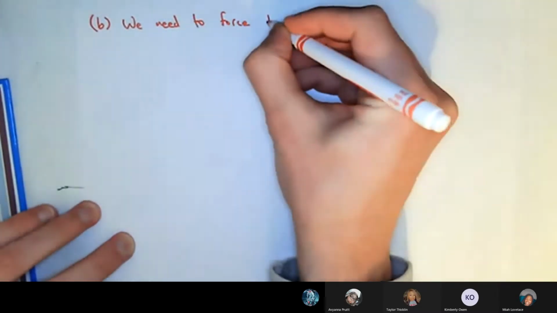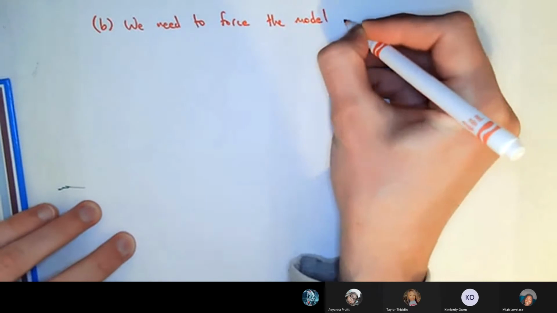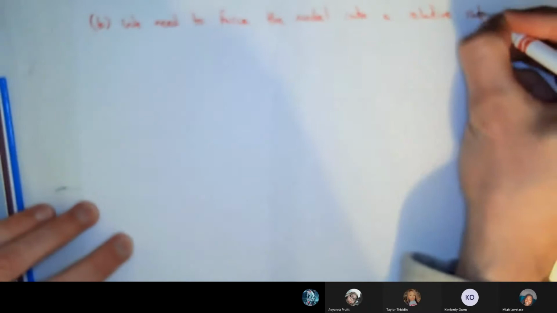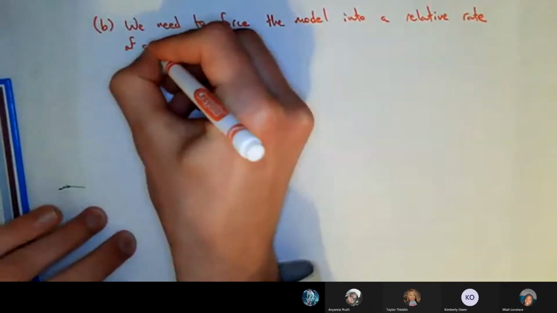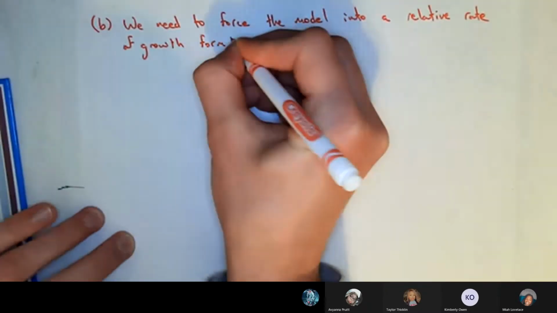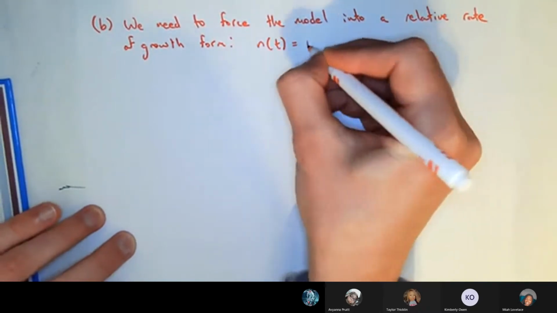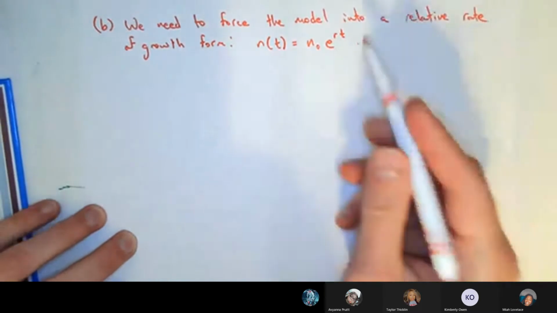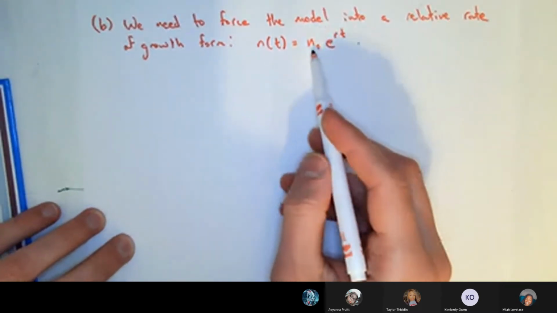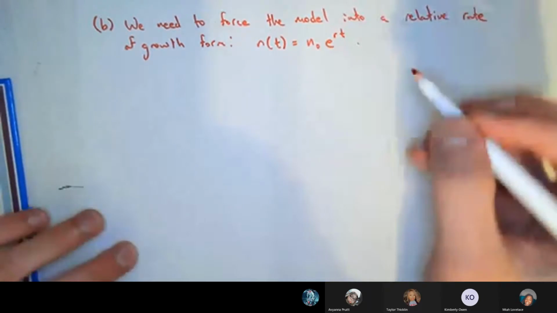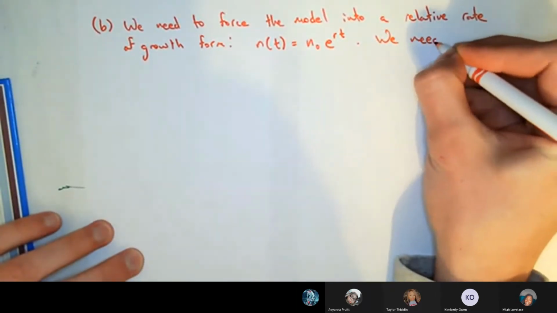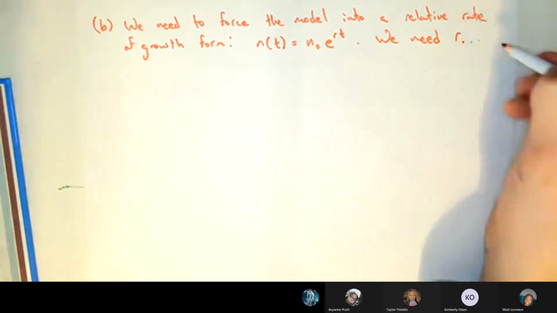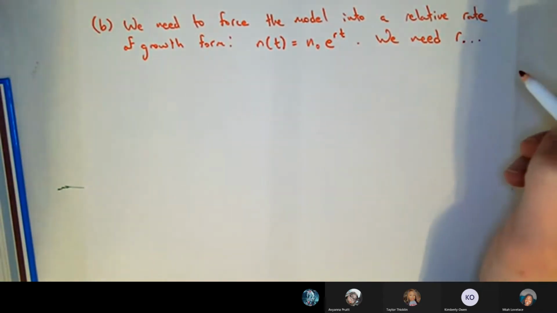We need to force the model into a relative rate of growth form, which, by the way, is N of t equals N naught e to the rt. So what are we missing? e is just a number, N naught we have is 10,000, t is some input, so it's the r. We need r. We need that relative rate of growth. Okay, so how do we find r here?